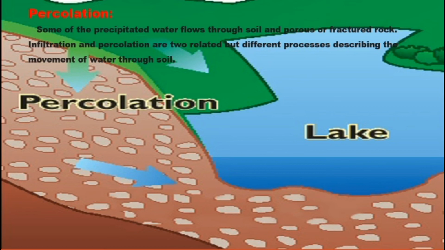Percolation. Percolation is when some of the precipitation water flows through soil and porous rock. Infiltration and percolation are two related but different processes describing the movement of water into the soil.